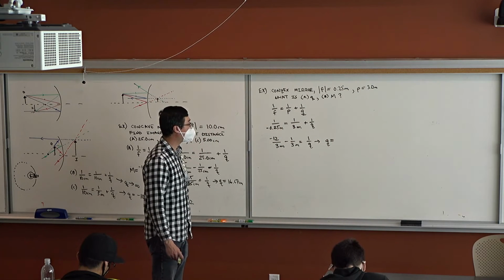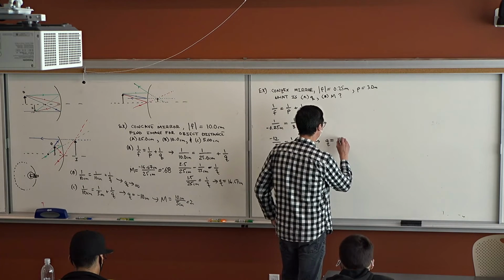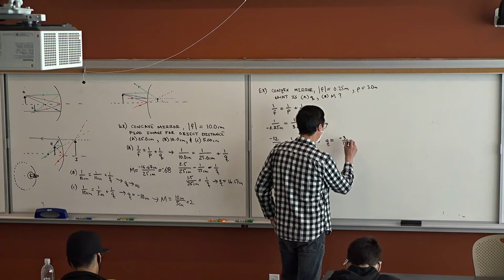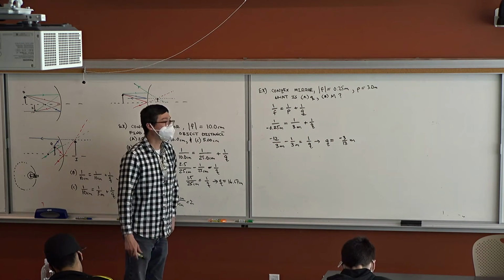Minus 12 minus 1 is minus 13, so 3 over 13 negative. That feels like just under a quarter.